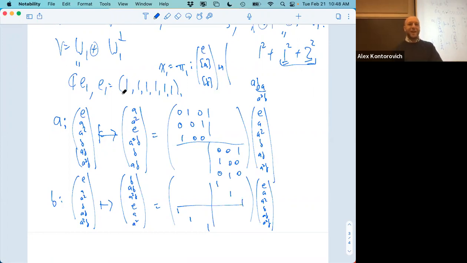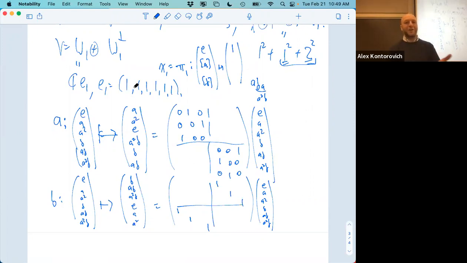So I take the element E1 and I move it by E. It doesn't do anything. So pi is the matrix of where it sends E1. In other words, E1 is an eigenvector of all of the pi's. And the question is, what's the eigenvalue? You see that pi? What is pi? Pi is just exactly this regular action on functions.